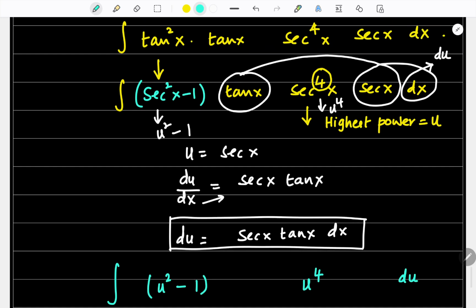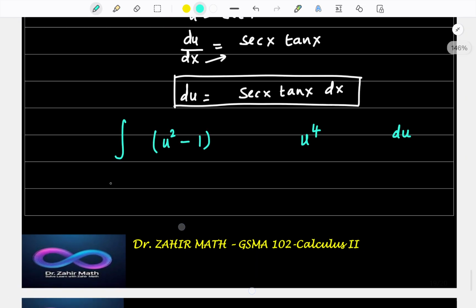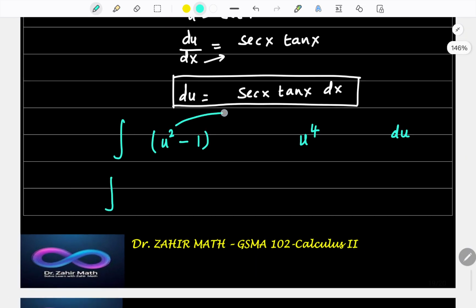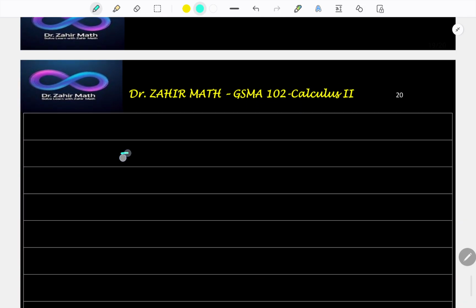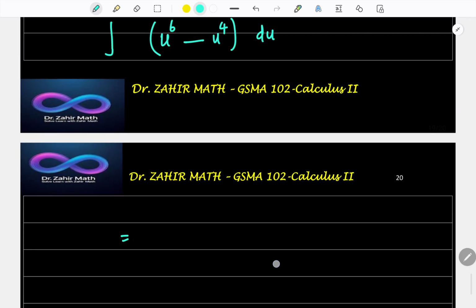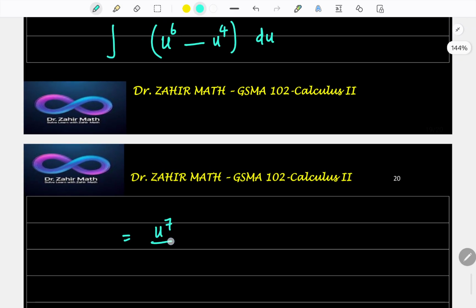Look here, can you see that? This will be u square minus 1, this and this as du, and this will be u power 4. Correct? Yes. So you should not integrate one by one, but better multiply. Okay. u power 6 minus u power 4 times du. So this equals, u power 6 integration is what? u power 7 by 7. u power 4 integration is what? u power 5 by 5.